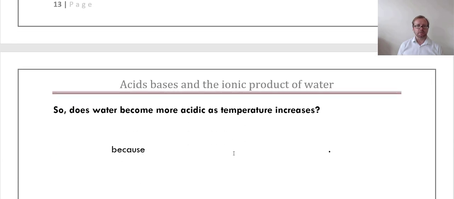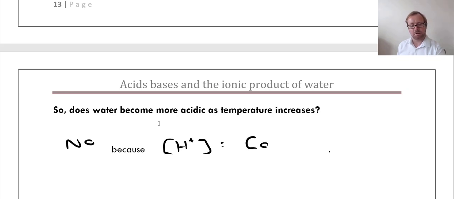So, that begs the question, does water become acidic as temperature increases? Do we think that pure water becomes more acidic as temperature increases? Well, the answer must be no, because H plus is equal to OH minus.